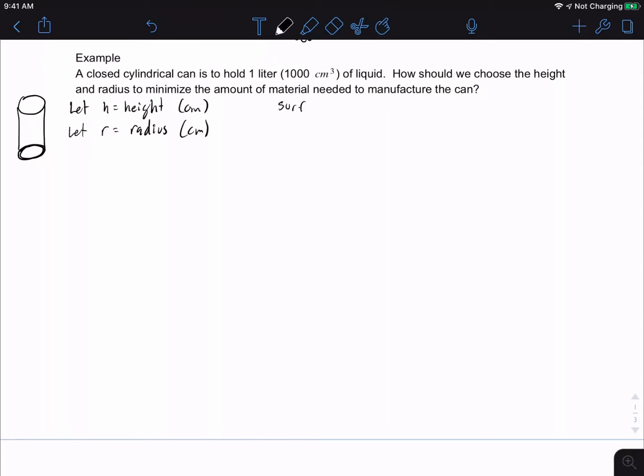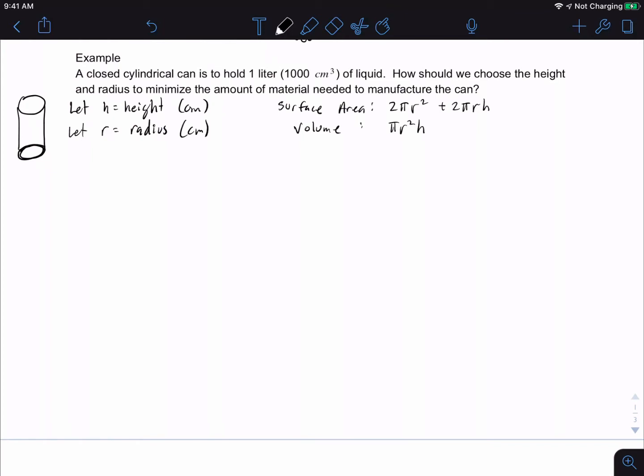We should know the surface area of a cylinder, and I totally know you all know it, so I'm just going to write it down. And the volume, and volume is pi r squared h, right? Those are the 2 formulas that we're going to need.